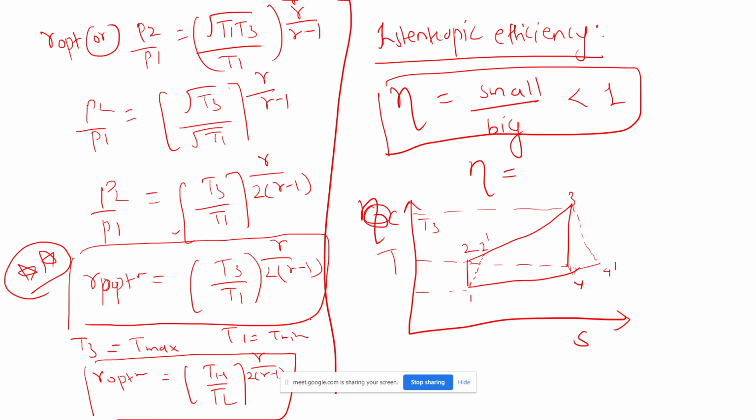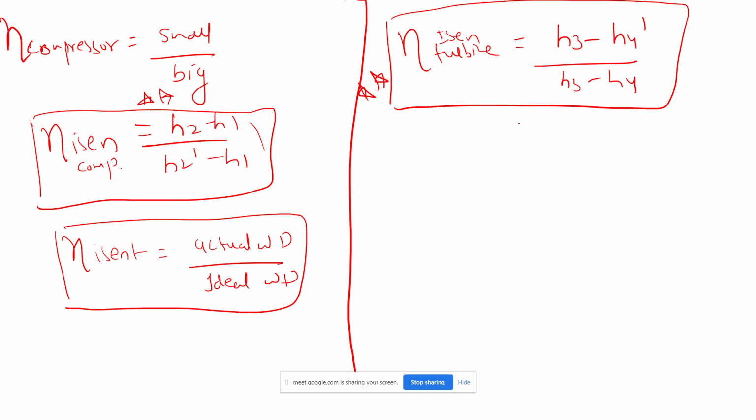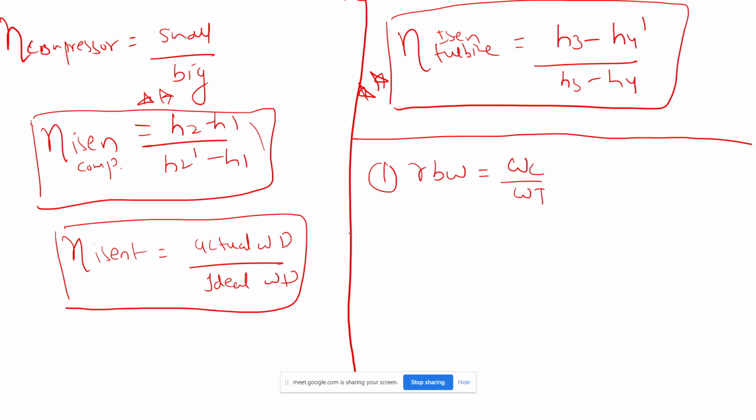Yes, sir. Okay. So we'll try to glance over some important formulas directly. First one I told you about the back work ratio. So what is the back work ratio? It is the ratio of the compressor work upon turbine work. Second one is the work ratio.